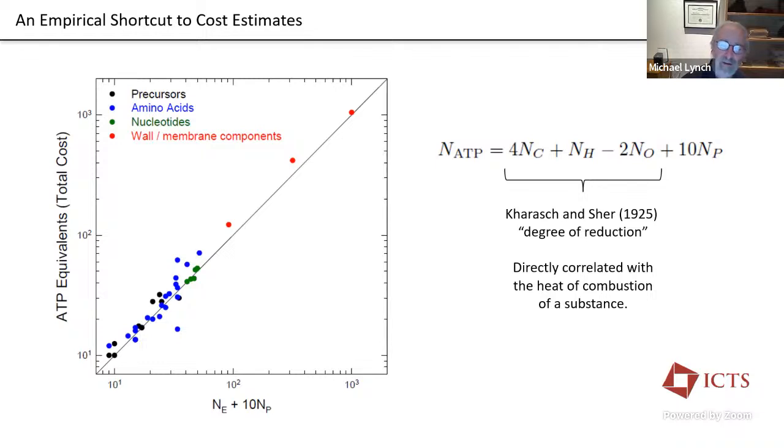But even there, it works when you're doing the building cost, the cost of building things, but the cost of maintenance becomes much more difficult. I'm not clear how you would use carbon equivalents for things related to respiration or just basic repair of enzymes and so on.